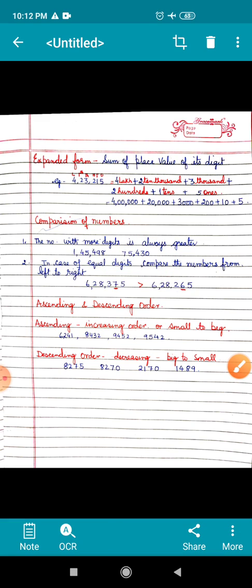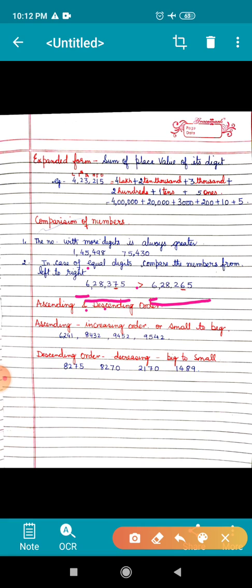Now what is the second rule? The second rule is, if there are equal digits in the numbers, then compare the numbers from left to right. So here you can see both numbers have 6 digits. So what you will do, you will start from the left. Here you can see in both numbers the first digit is 6, so you cannot decide, so you will move forward.